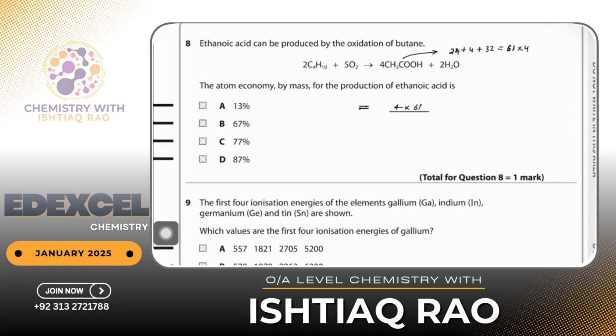Sir, 60. Yes, 60 into 4 divided by the total mass of the reactants. Like I can say 60 plus 60 into 4 plus 2 into 18 multiplied by 100.